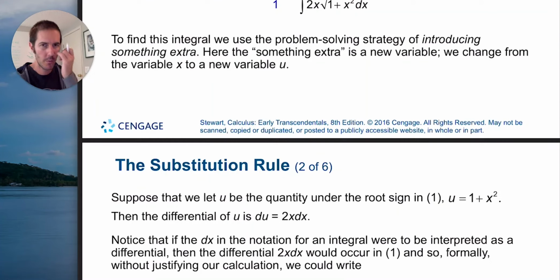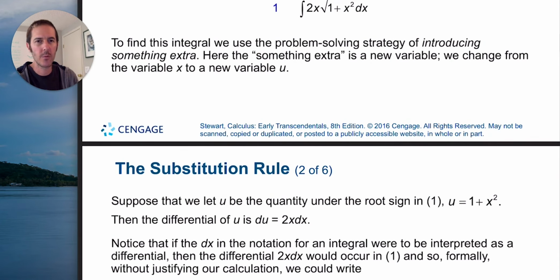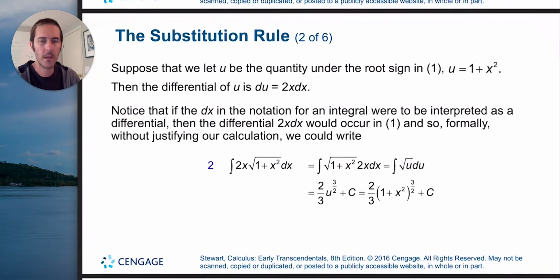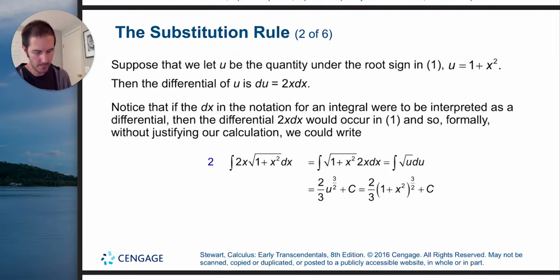So what we're seeing here in number 1 right at the top of this screen is an integral of 2x times the square root of 1 plus x squared with respect to x. And on the next slide, we're going to be making some substitution. So we'll see the substitution rule in motion for the first time.